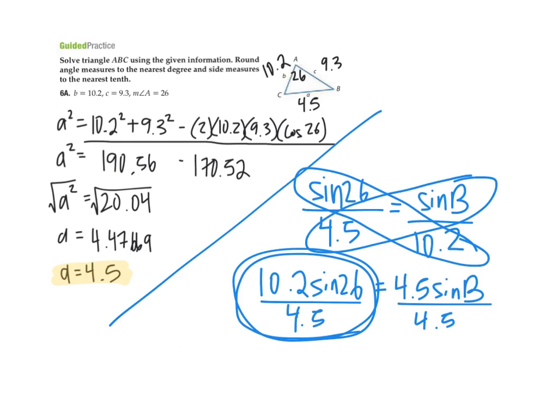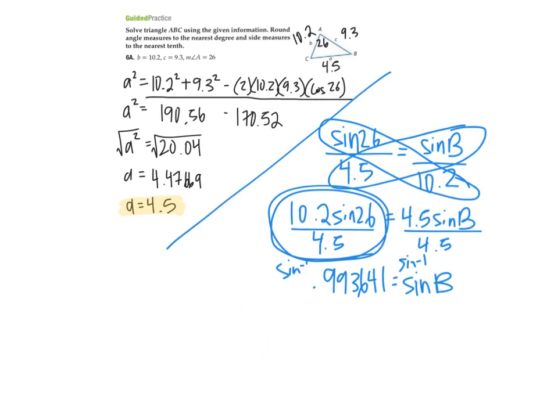That's equal to 0.9936. So I'm going to take the inverse sine of that answer that I got, the 0.993641. So when I do the inverse sine of that in my calculator, I get 83.535.